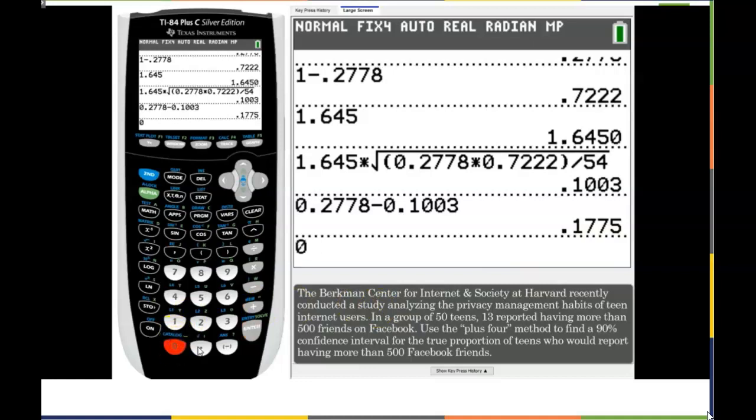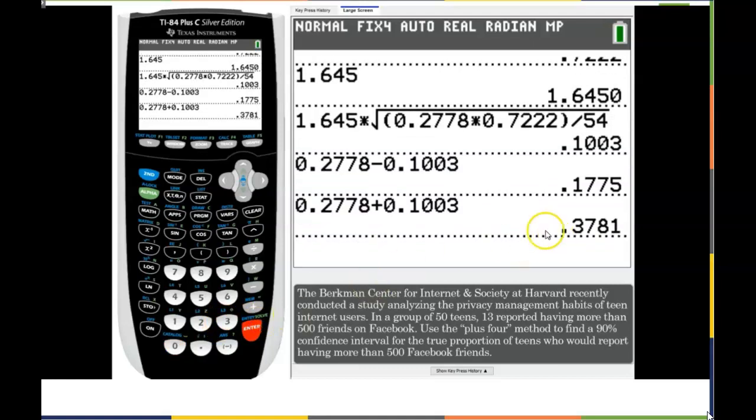Taking my 0.2778 plus the 0.1003. The high bound is 0.3781.